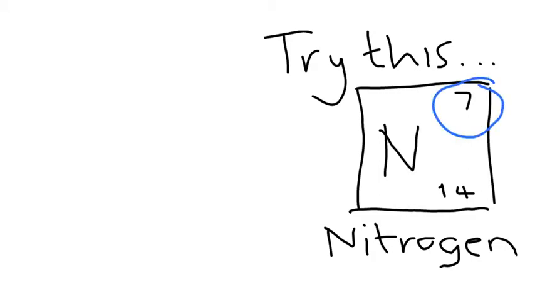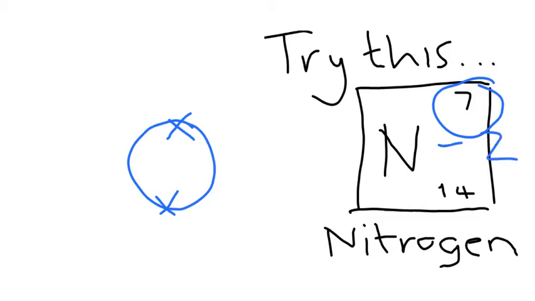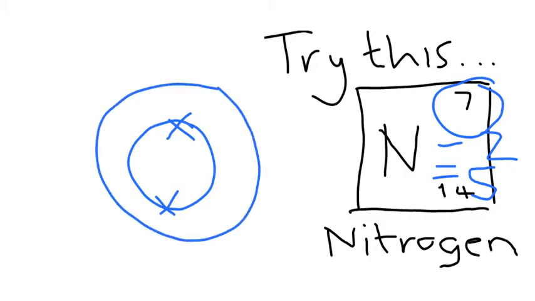That will tell us how many electrons there are. In the first shell, we can only fit 2 electrons. If we started with 7, we take away 2, which leaves us with 5. As that's not greater than 8, we don't have to go into the third shell.